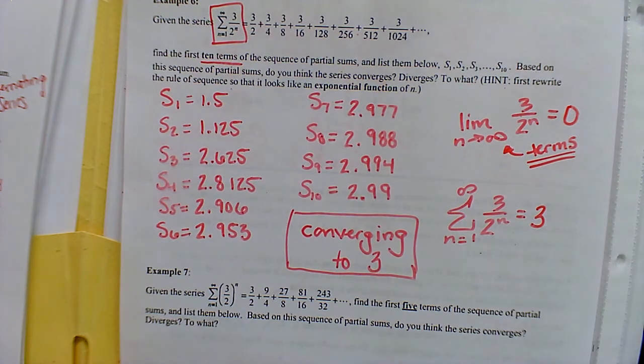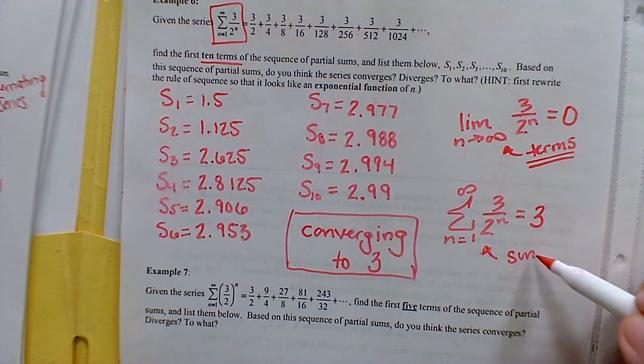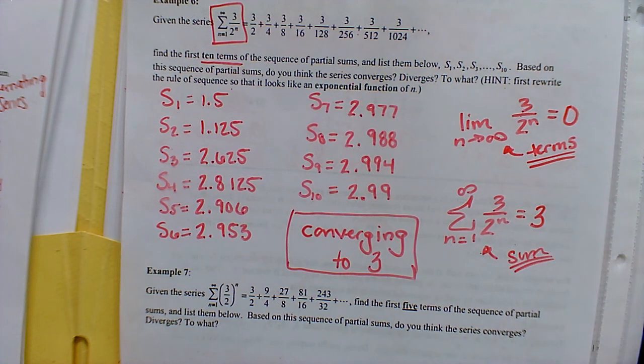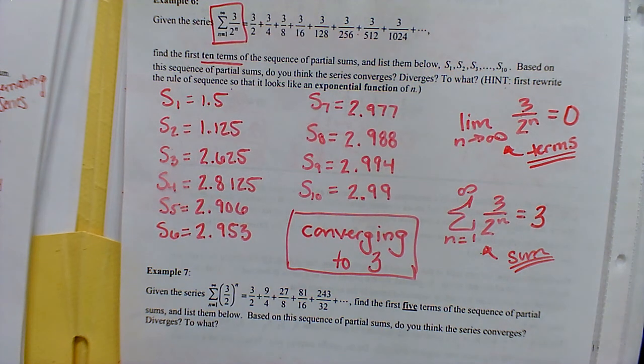But the fact that they're now addition symbols instead of commas means we're working with a summation. So the sum is approaching 3. Do you see the difference between the two? Even though the terms are getting smaller and smaller, closer and closer to 0, if you were to add them all up, you'd be getting closer and closer to 3.